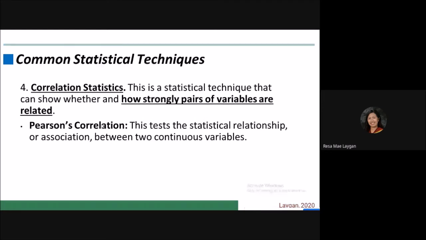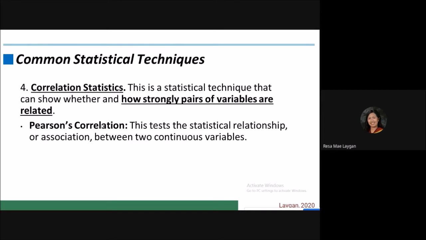The Pearson's correlation tests the statistical relationship or association between two continuous variables. Take note, it is not for categorical variables, but for two continuous variables. For example, we have age, but sometimes age can also be categorical data. It depends on how you get the data.